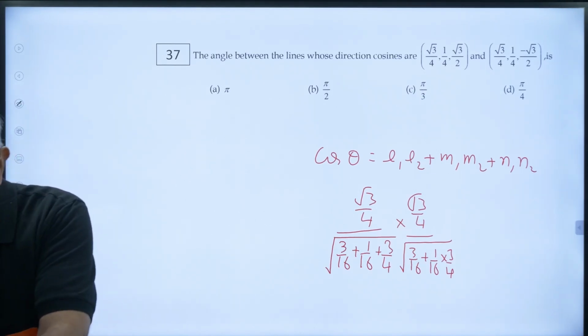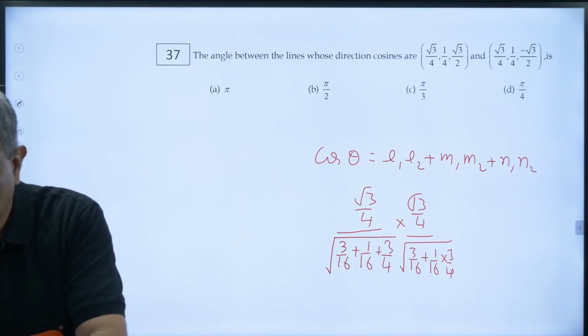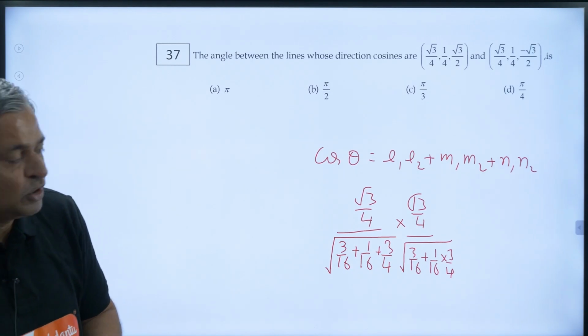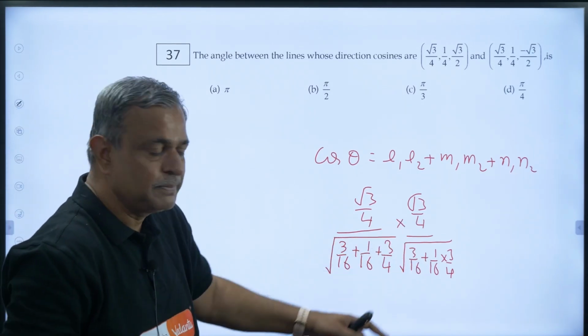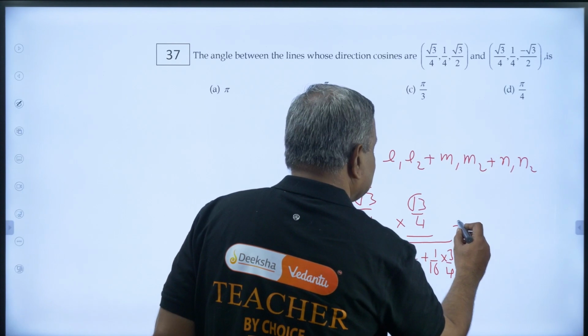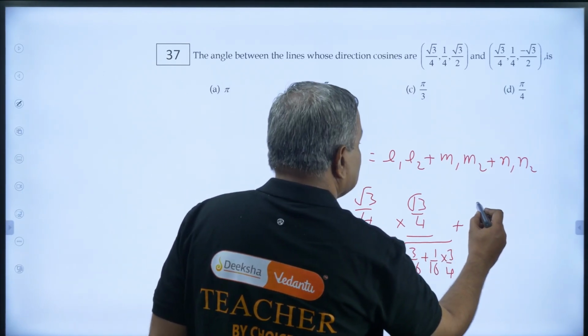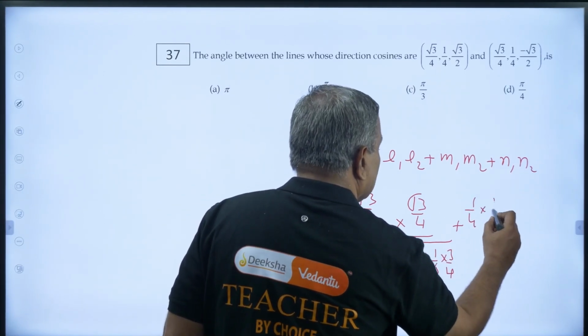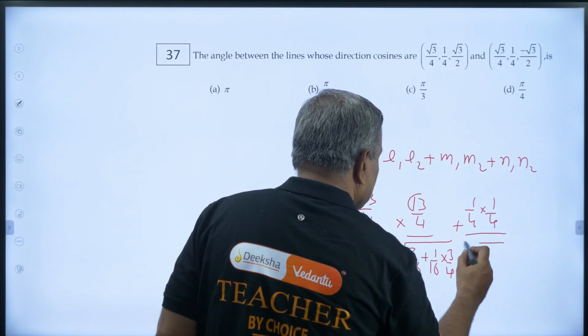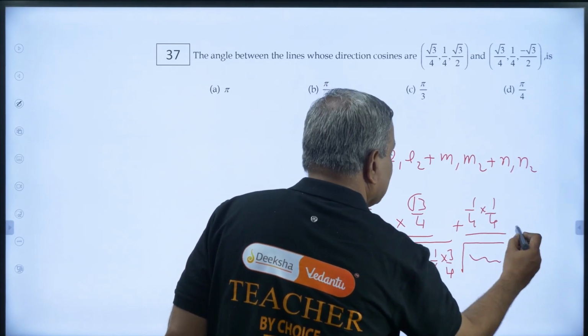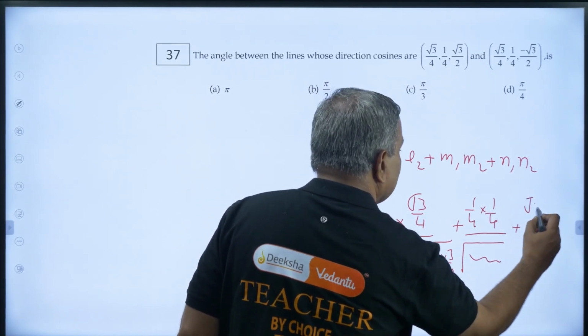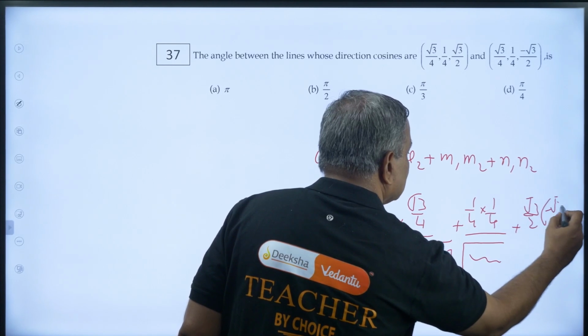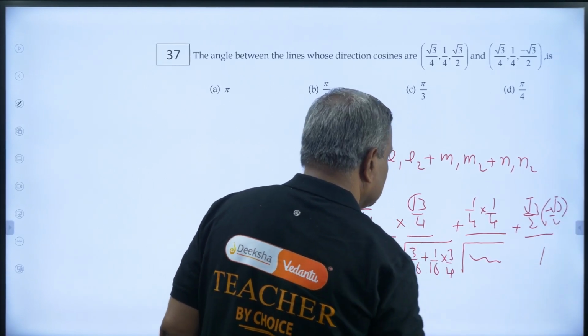When you get these values, you will get cos theta as root 3 by 4 into root 3 by 4. Similarly, plus this value is same, 1 by 4 into 1 by 4. Same values. Plus, this is equal to root 3 by 2 into minus root 3 by 2, the same values, which is equal to 1.